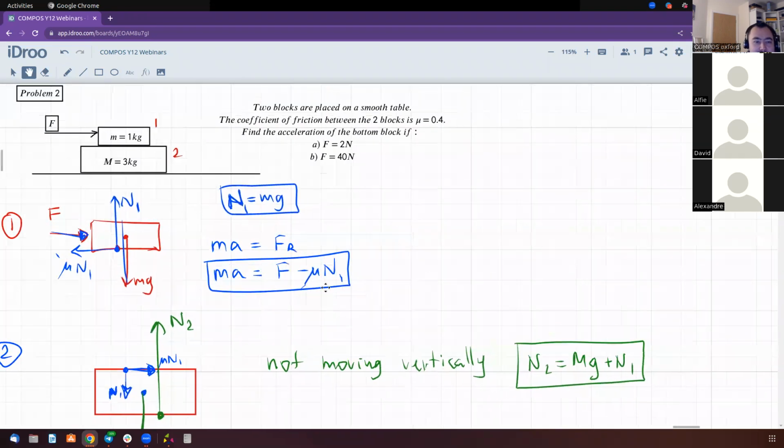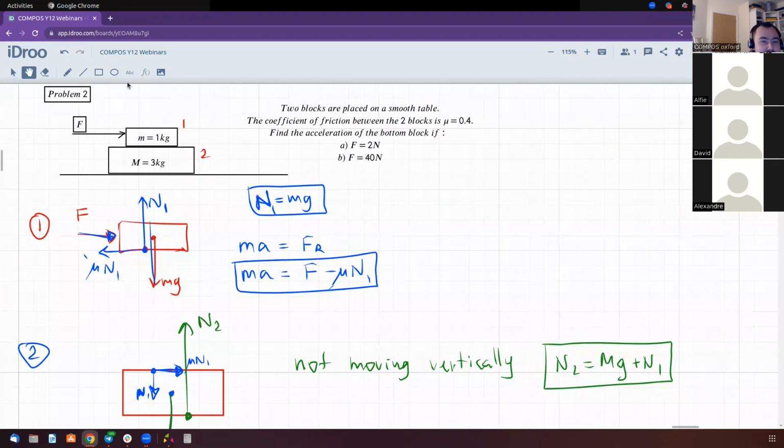Volodymyr, what do you mean that there's no friction between the two blocks? It says the friction between the two blocks is 0.4. So look, take a book, right?